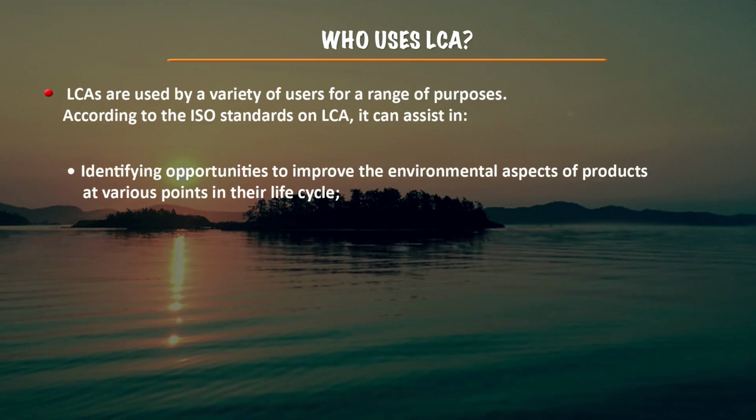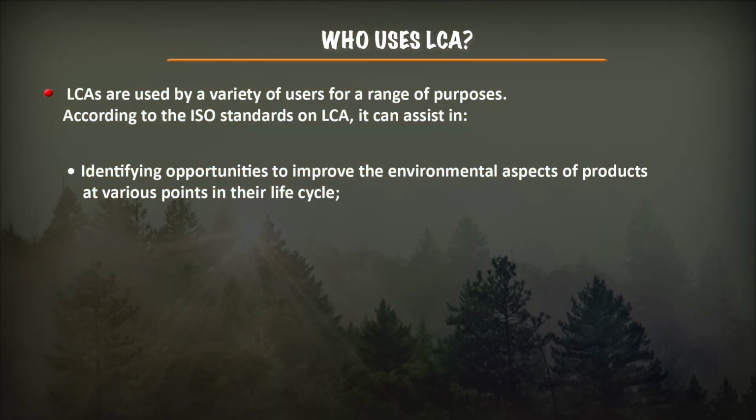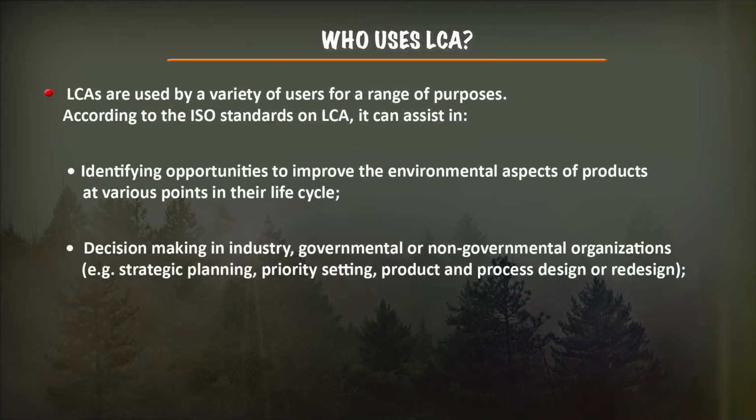According to the ISO standards on life cycle assessment, it can be useful for identifying opportunities to improve the environmental aspects of products at various points in their life cycles, and for decision making in industry, governmental or non-governmental organizations, for example strategic planning, priority setting and product and process design or redesign stages.